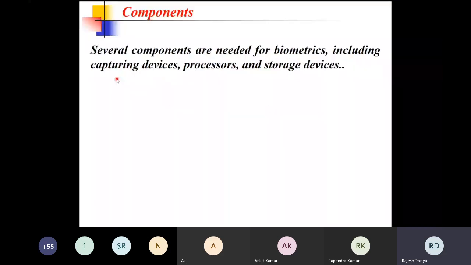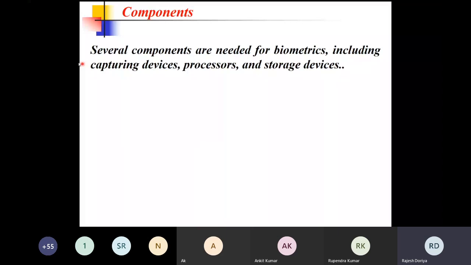Several components are needed for biometrics, including capturing devices, processor, and storage devices. Whenever we want to adopt biometric mechanisms, we need components or devices through which we are able to capture the biometrics, and then we need to decide how we are going to store and process them. Those things have to be there.